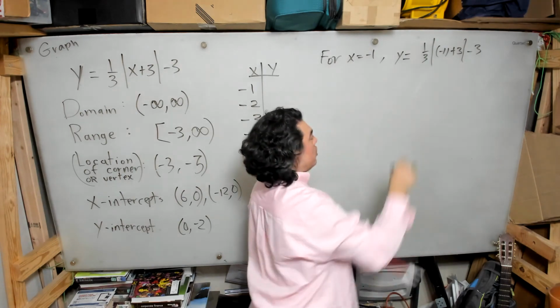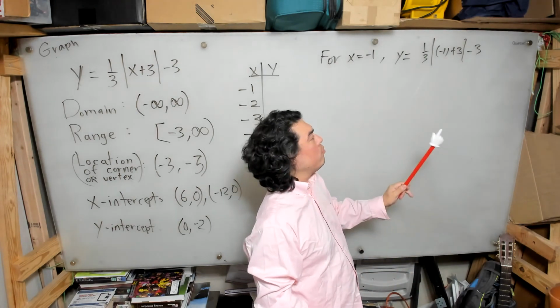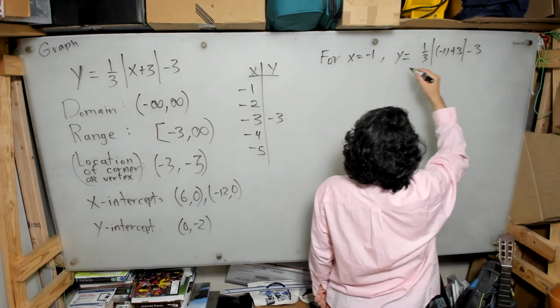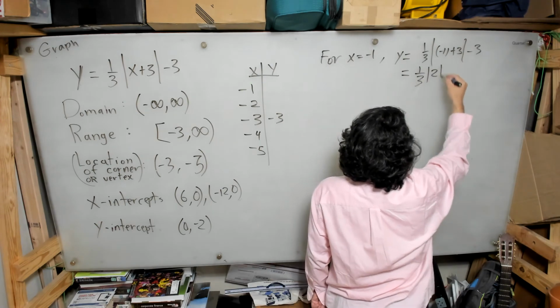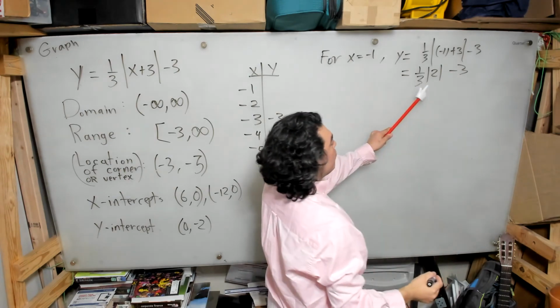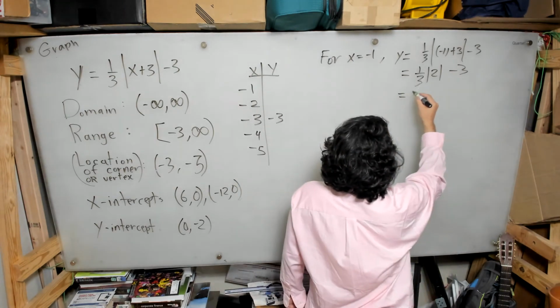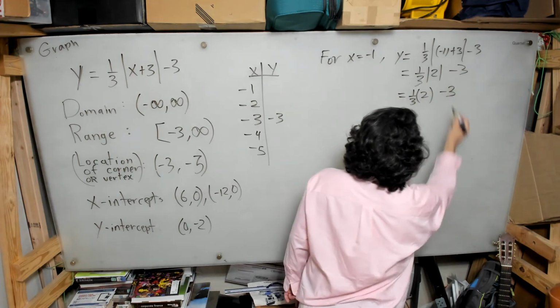Now notice here, what is -1 plus 3? That's positive 2. So this will be 1/3 times the absolute value of 2 minus 3. Now, what is the absolute value of 2? The absolute value of 2 is 2. So this is the same thing as 1/3 times 2 minus 3.